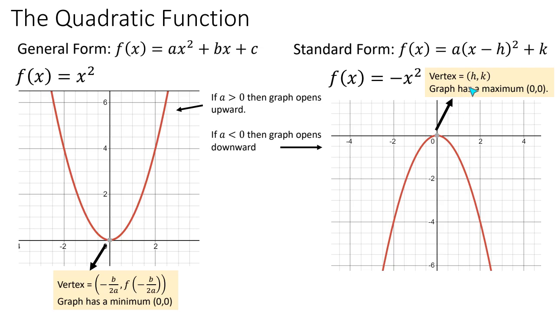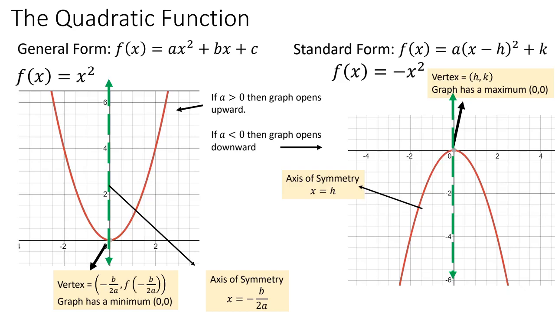Very closely here, we look at the standard form. The vertex can be found by taking our h in here and then the k. But if it's in the general form, then you'll have an option to write it as a standard form, or you can use this information here.